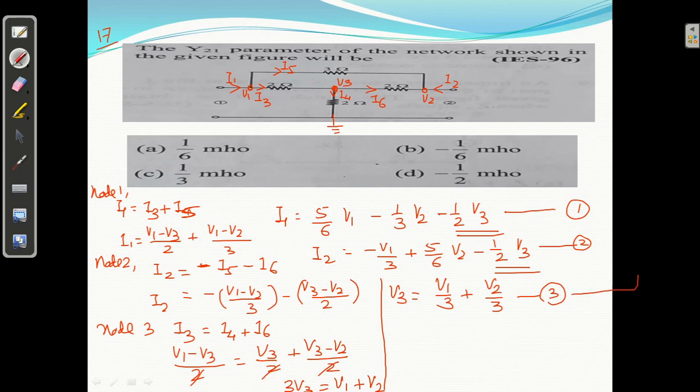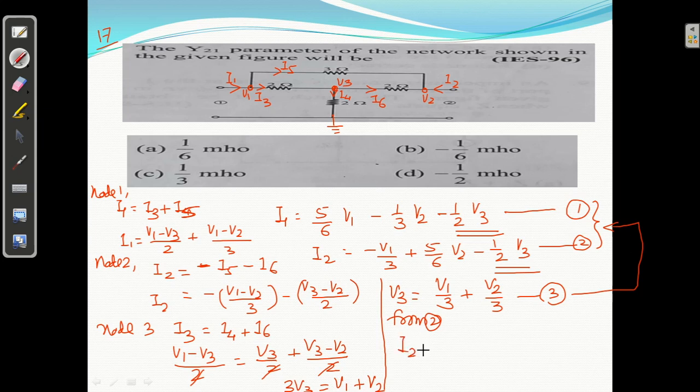I am putting this value of V3 in both these equations. I will put the value of V3 in this equation also. I am going to solve the second one first.